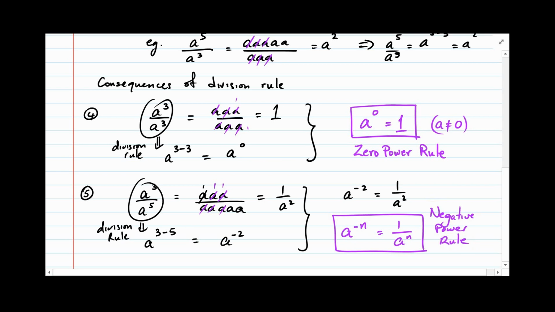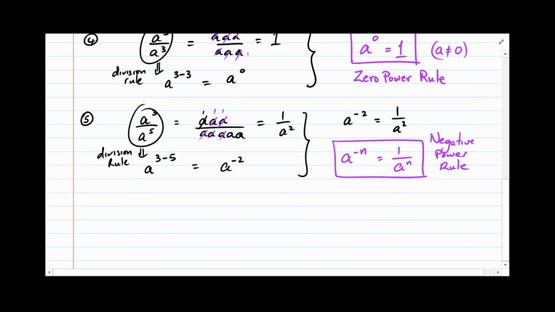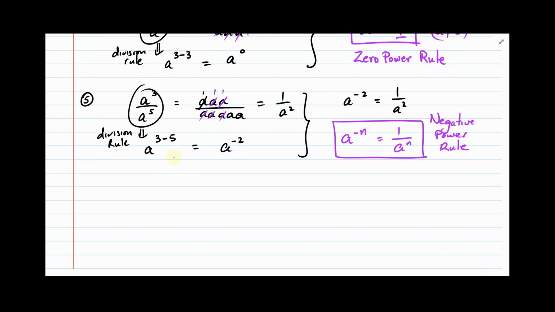Right. So these were some of the rules that we had, and we can even take this negative power rule a little further. It's telling me if I have 3 to the minus 2, I can write it as 1 over 3 squared, and of course later on I can simplify that.